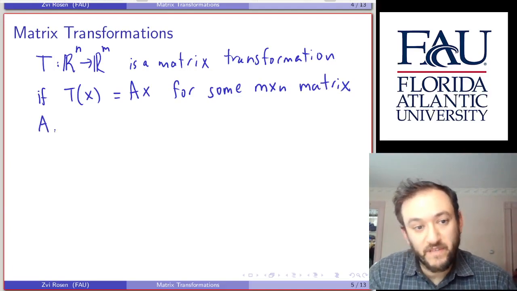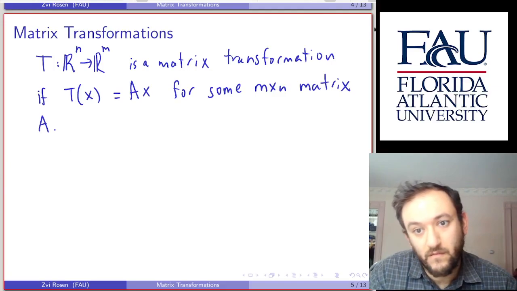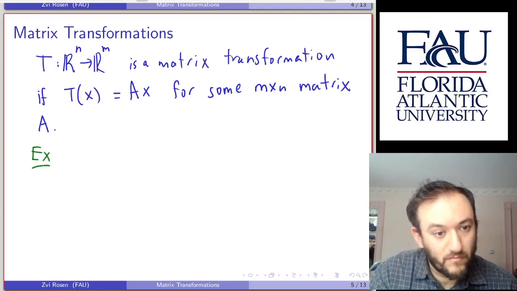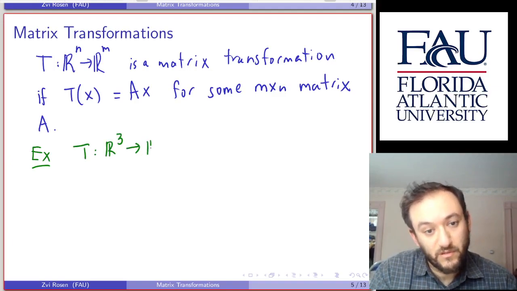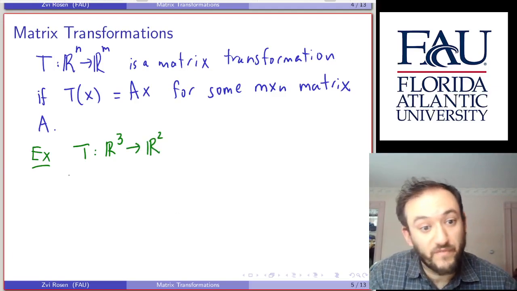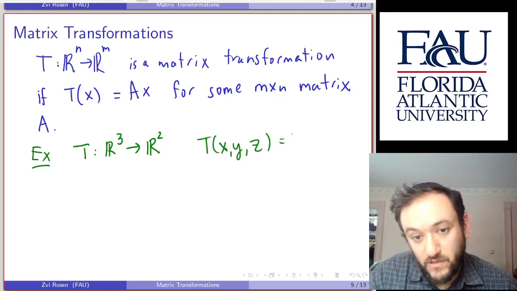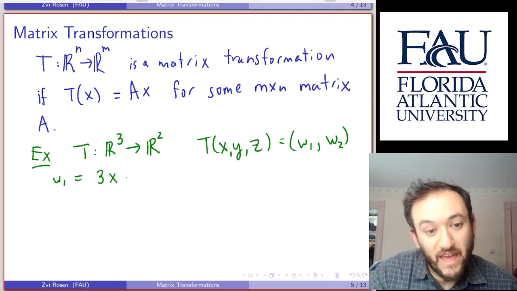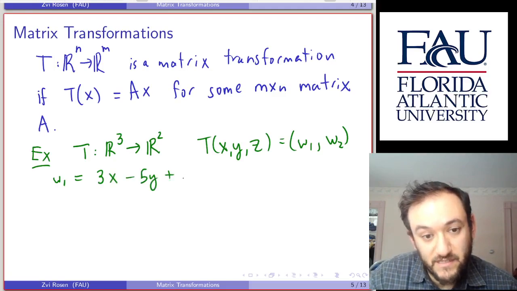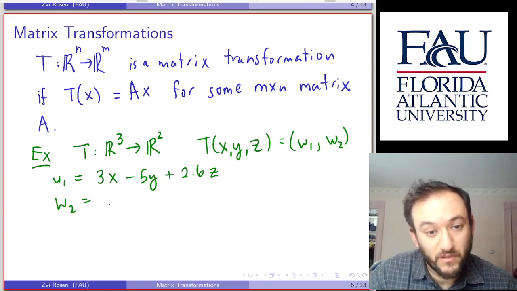Okay, so an example of this would be if you have, let's say, T from R3 to R2, which can be described as follows: T of x, y, z equals W1, W2, where W1 equals 3x minus 5y plus 2.6z, and W2 is equal to x plus y.